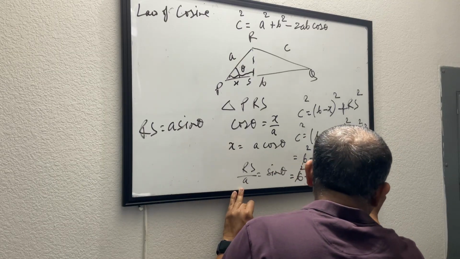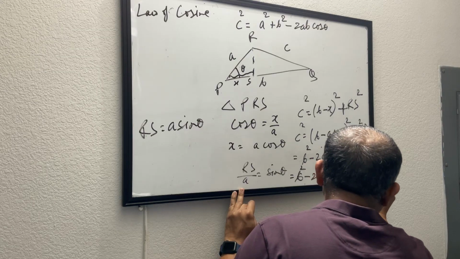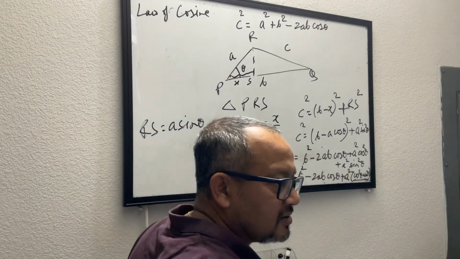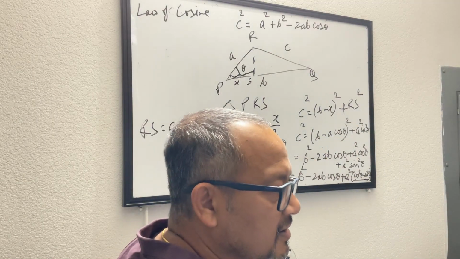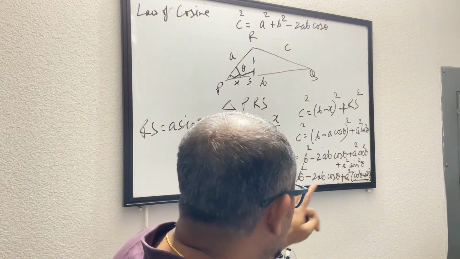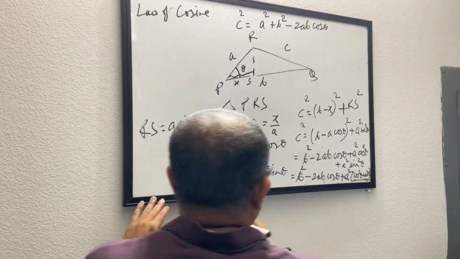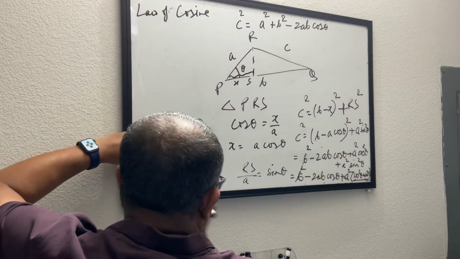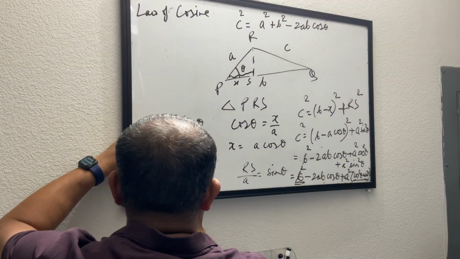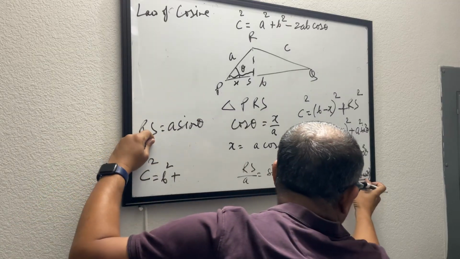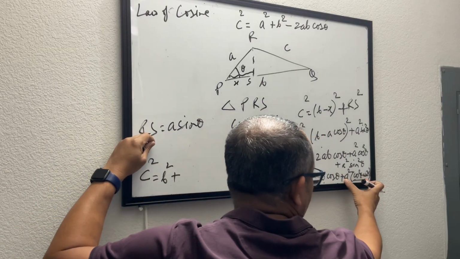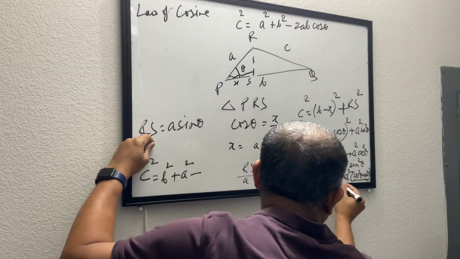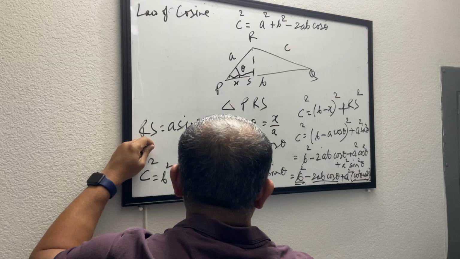So I will take A square common, it becomes cos square theta plus sin square theta. Cos square theta plus sin square theta is 1. Yes or no? So from this we found c square equals B square plus A square, since cos square theta plus sin square theta became 1, minus 2AB cos theta.